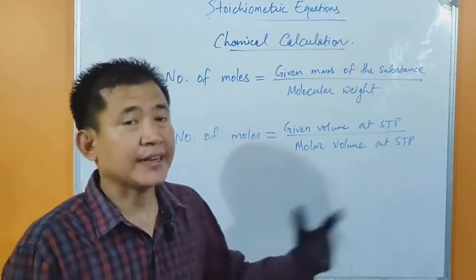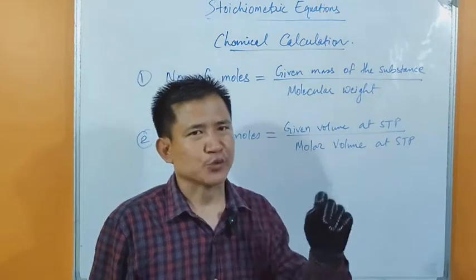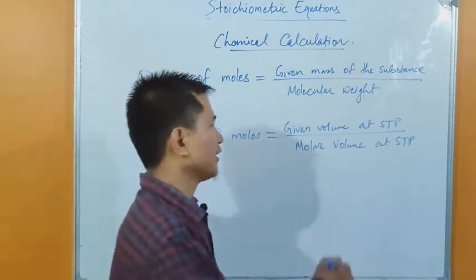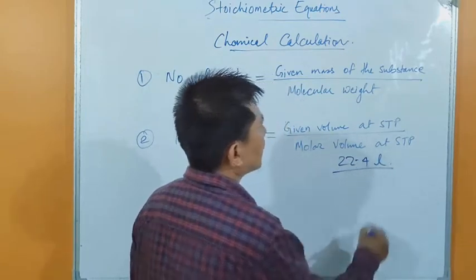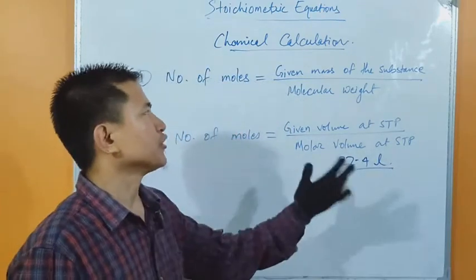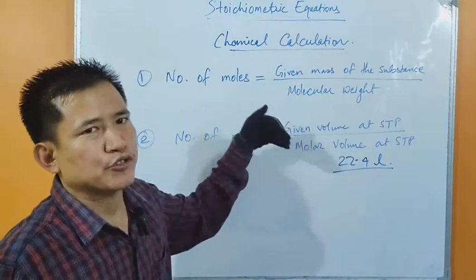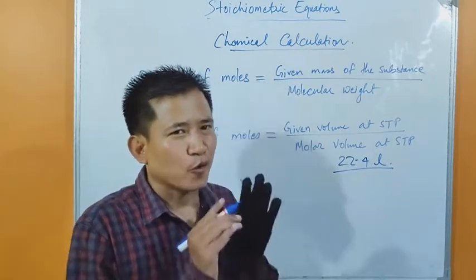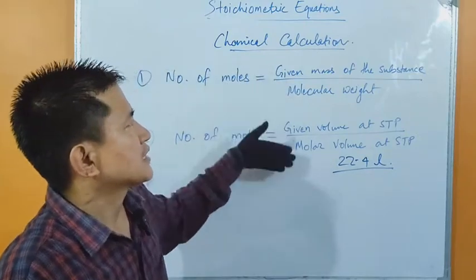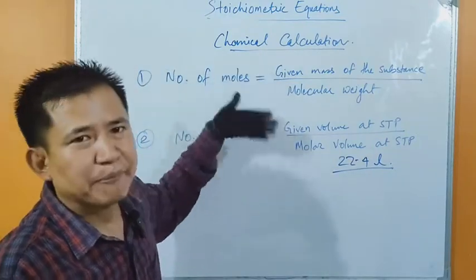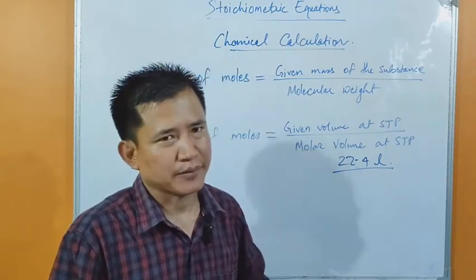Molar volume of any gas at STP is 22.4 liters. Please remember these formulas. We will solve all the numerical problems with these two formulas. We won't use another method. We will understand these formulas better while solving the numerical problems.